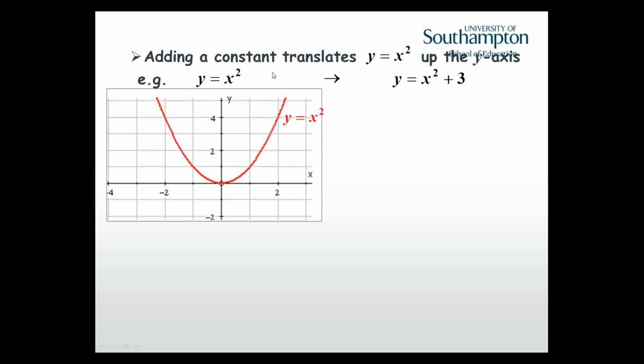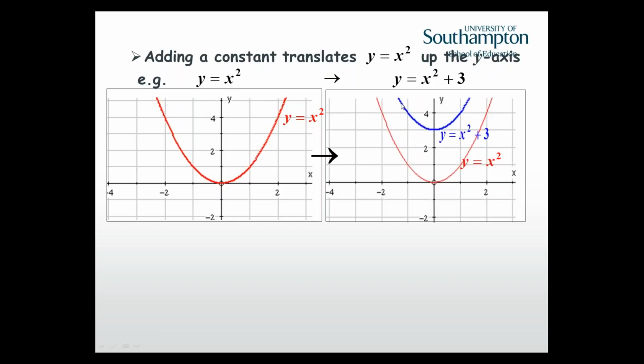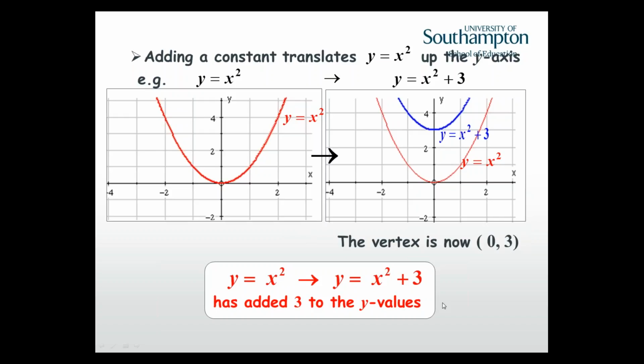And this one, 4, will now be 7. So all it does is simply move the graph up by 3. As you can see, that's moved the vertex up by 3 as well. So the x coordinate hasn't changed, but the y coordinate has. So adding a constant to the whole thing just changes the y coordinates. I added 3 to it.